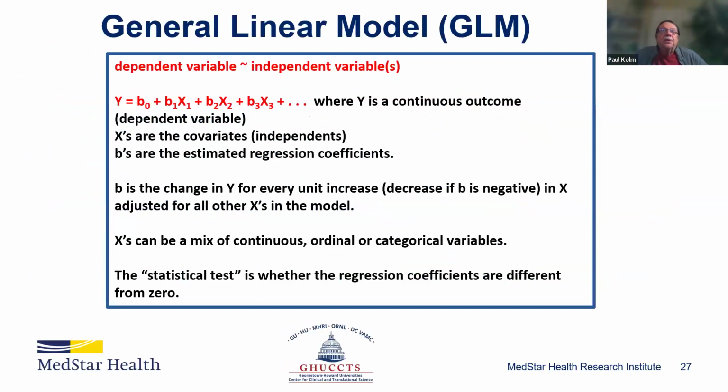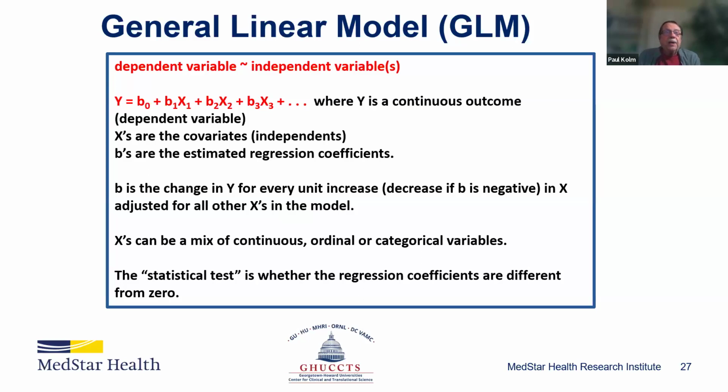What I'd like to do now is go through different statistical analyses and what is the best way to present those, or what you need to have in the presentation of your results, regardless of whether they're statistically significant or not. So the general linear model is where we have a dependent variable that is continuous, like weight or age or something that can be considered continuous.